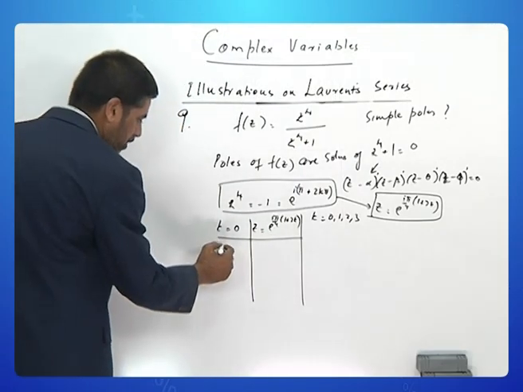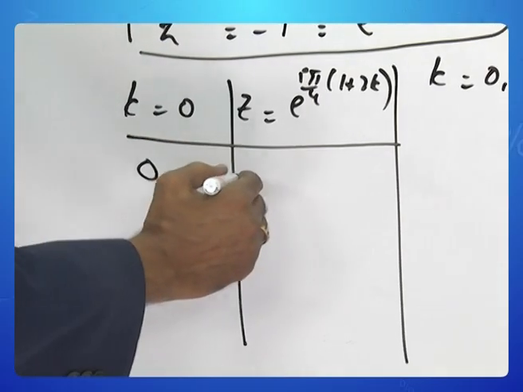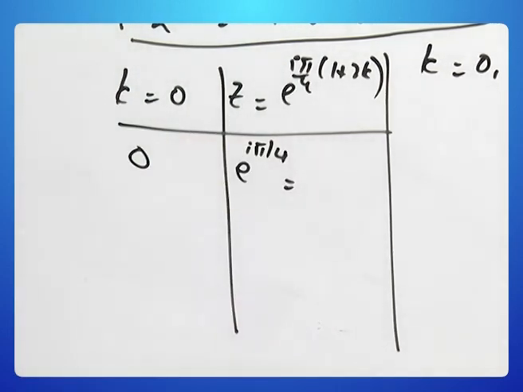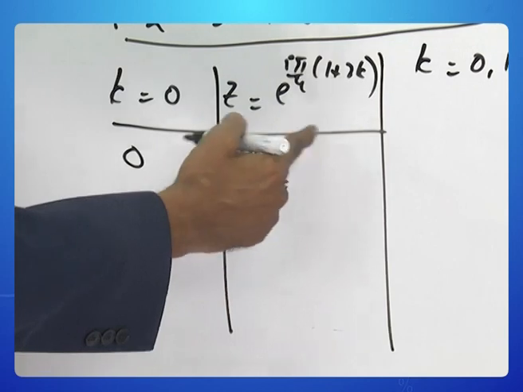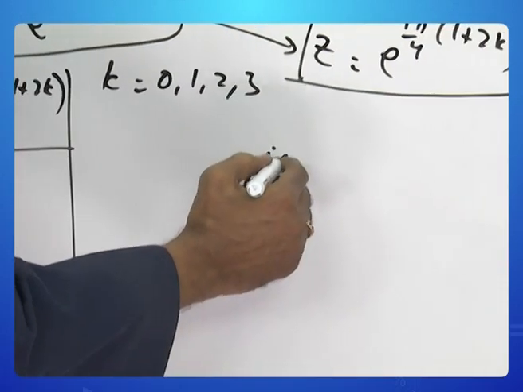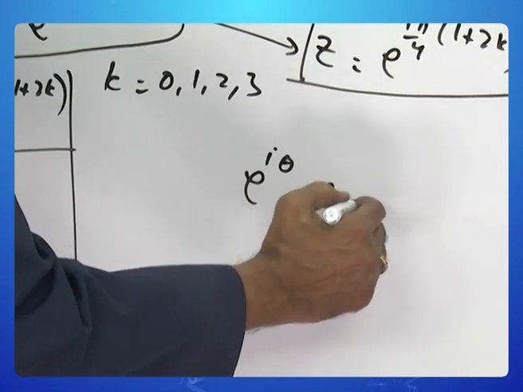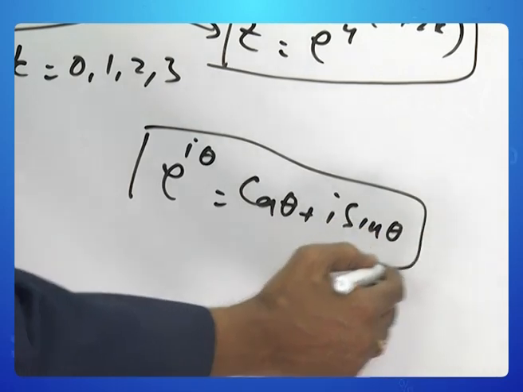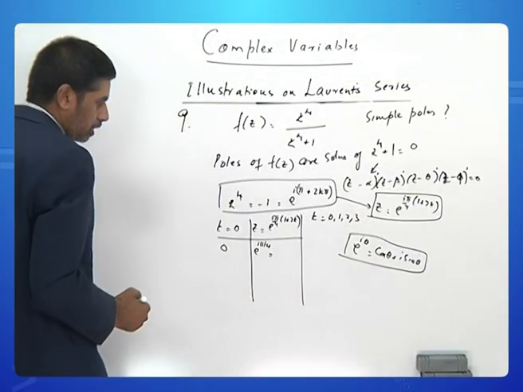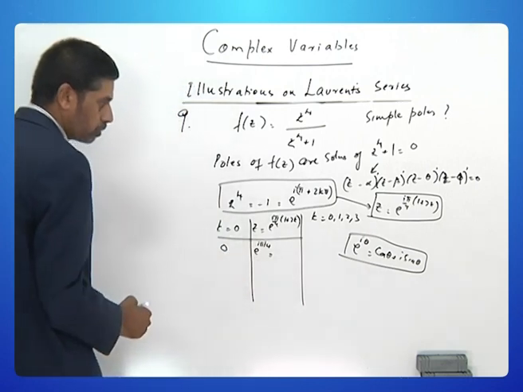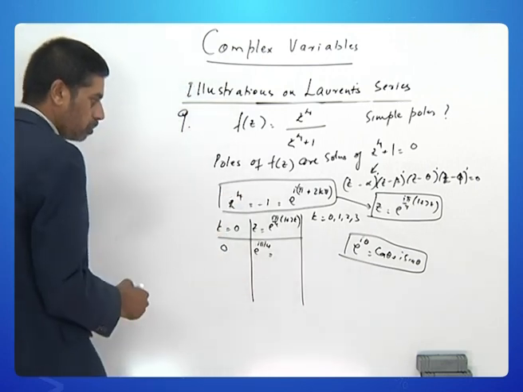For example, for k is equal to 0, you will get e power I pi by 4. And e power I pi by 4 is nothing but cos pi by 4 plus I sin pi by 4. Let us remember e power I theta is equal to cos theta plus I sin theta. Accordingly, cos pi by 4 is 1 by root 2, sin pi by 4 is also 1 by root 2.